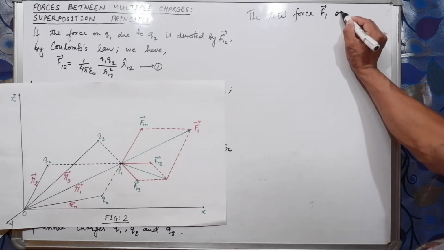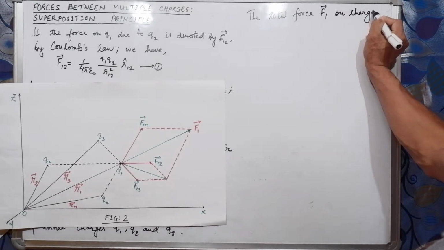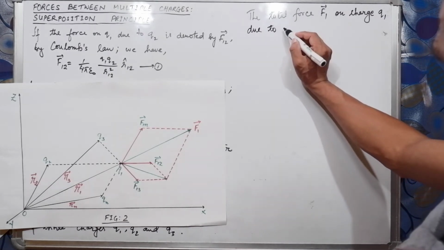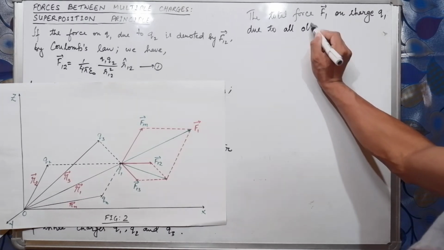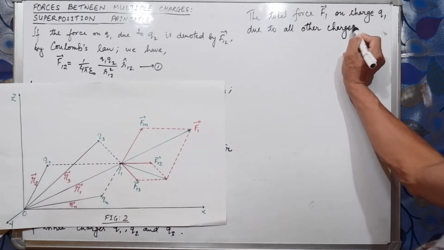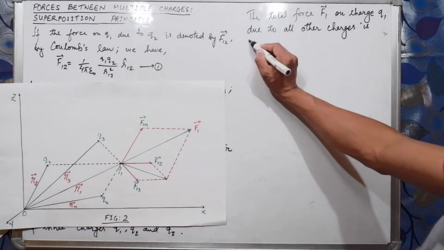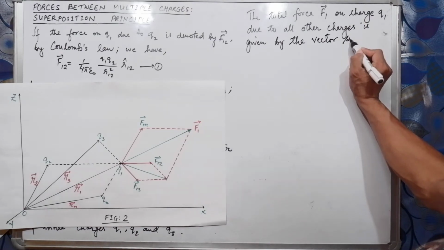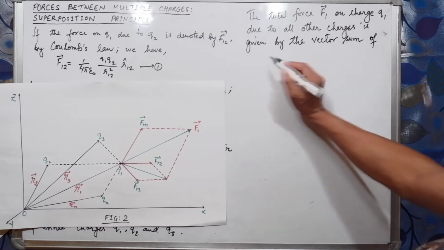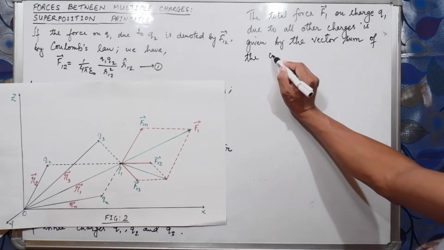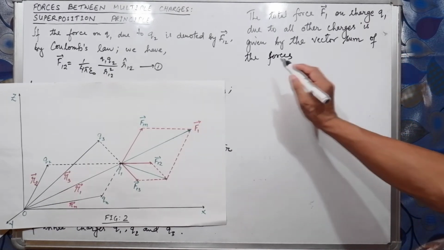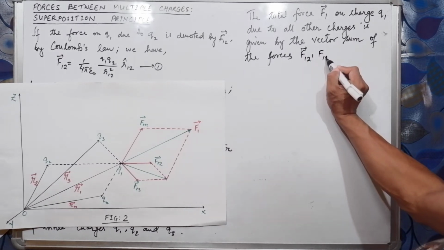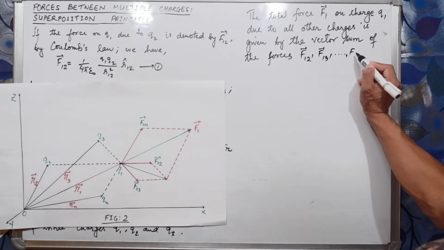The total force F1 on charge Q1 due to all other charges is given by the vector sum of the forces F12, F13, up to F1n.